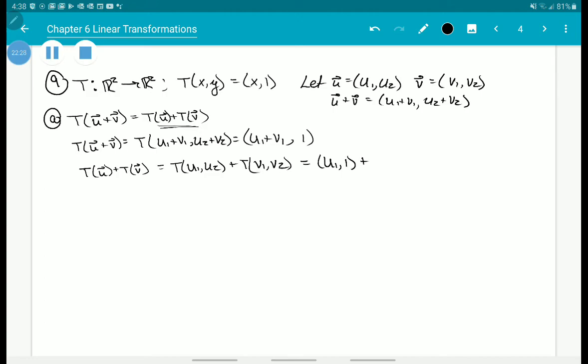And T of v1, v2 would go to v1, 1. And if I add these together, I do get u1 plus v1 for the first component. But notice I get 2 for the second component. So that's the problem. This guy fails that linear transformation, which means no, this is not a linear transformation.